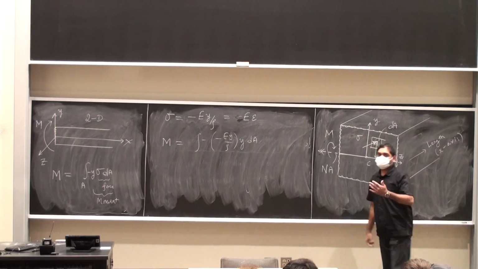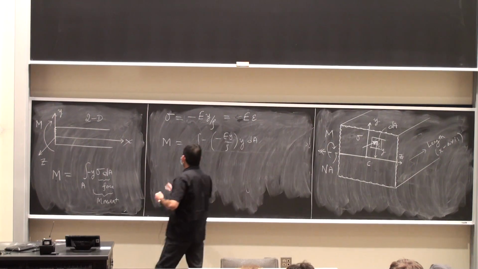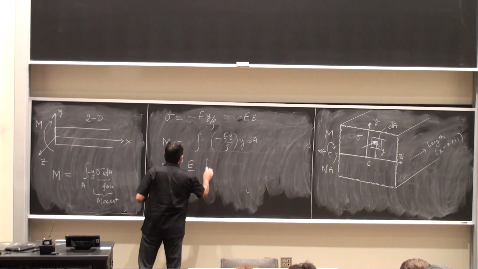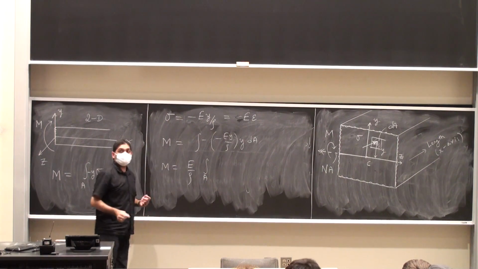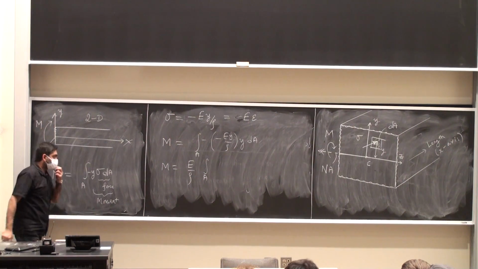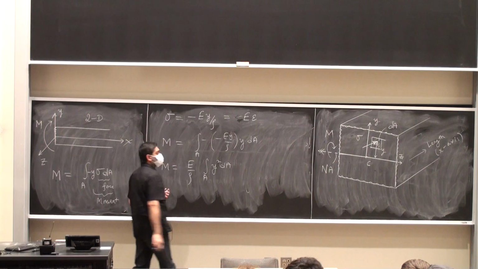Rho is a constant, Young's modulus is a constant, negative negative makes it positive, so that M is E by rho. This is an area integral, so it is a double integral. We will not be evaluating it. Y square dA.